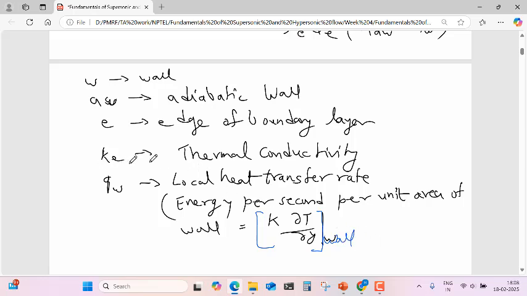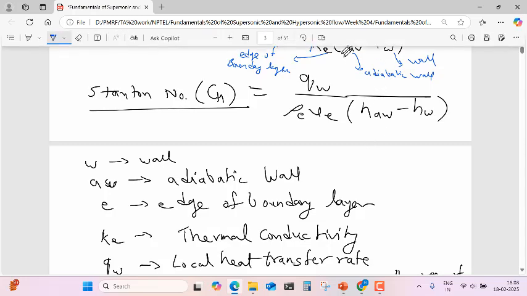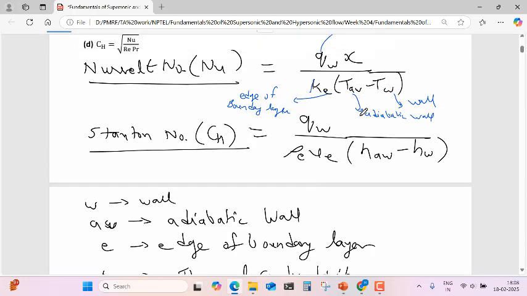Ke is the thermal conductivity at the edge of the boundary layer. Haw and Hw are enthalpy at the adiabatic wall and wall, and Taw and Tw are temperatures.